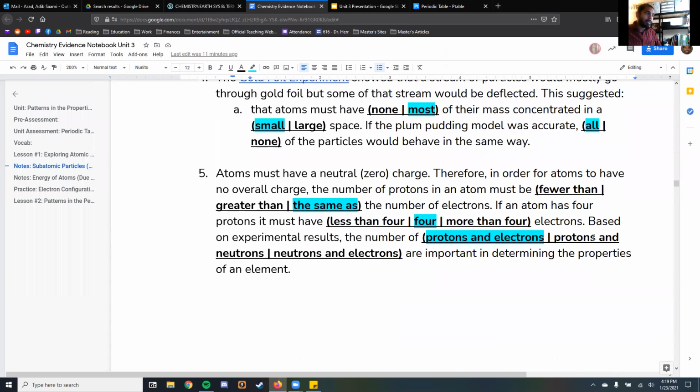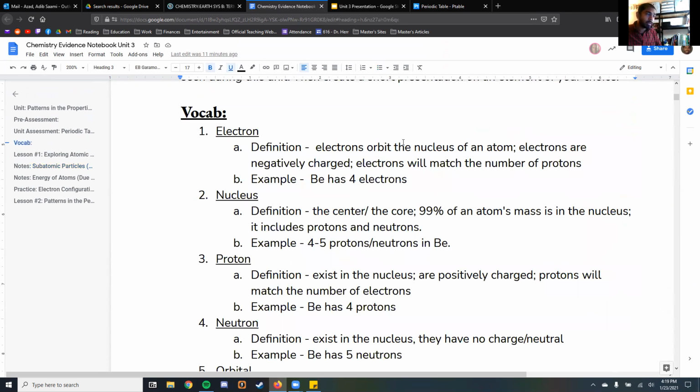Now, this is something we finished off really quickly. But if we went through the vocab, we would talk about these different words here. Electrons are negatively charged. They orbit a nucleus. They always will match the number of protons because your overall atom has to be neutrally charged.